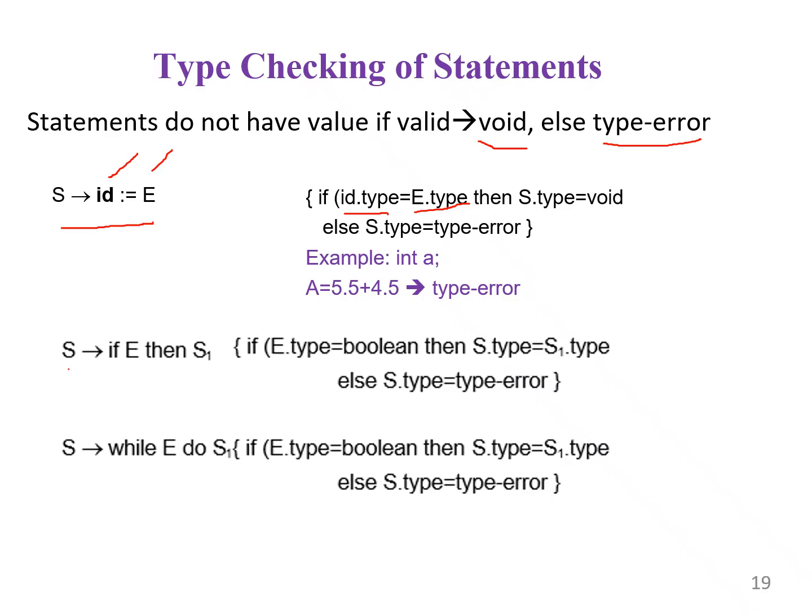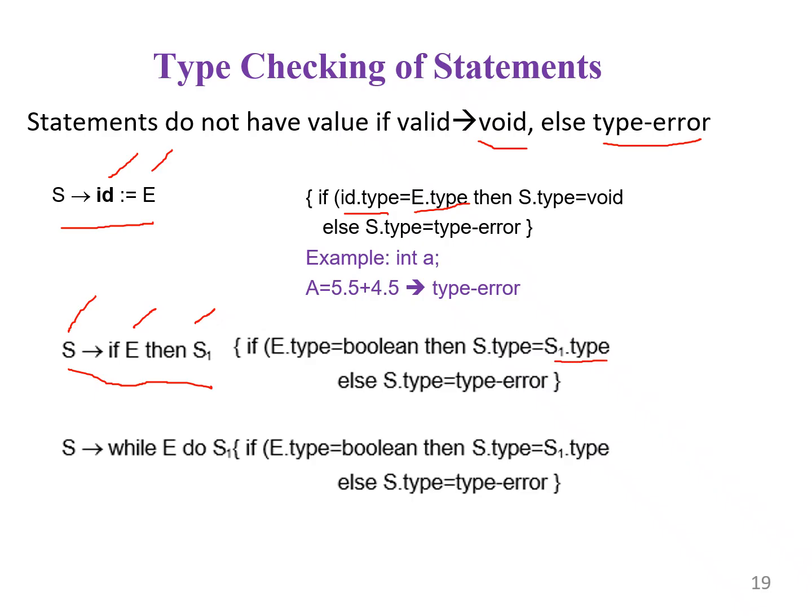Next, coming to the conditional statement. In case of a conditional statement, if E.type is found to be boolean, then the output of S.type depends on S1.type. So always if E is boolean and the condition is true, then the S.type answer is S1.type, else it will throw an error.